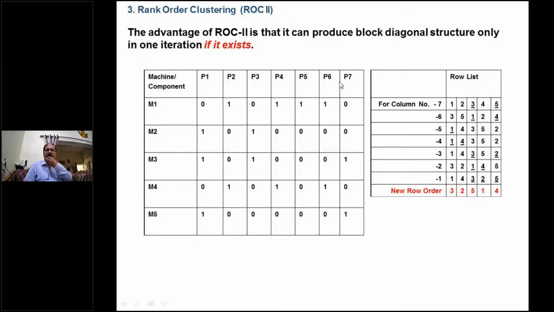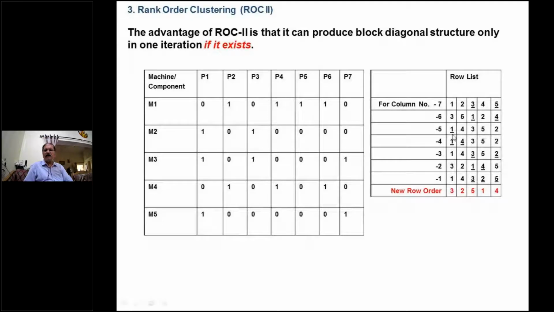Then look at column 6. In column 6, row 1 and row 4 have ones. So row 1 and row 4 have been underlined and brought to the back. So we have written 1 4 3 5 2. Then go to column 5. In column 5, only row 1 has a 1.